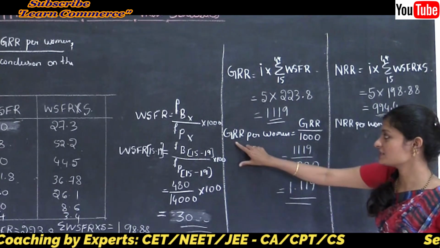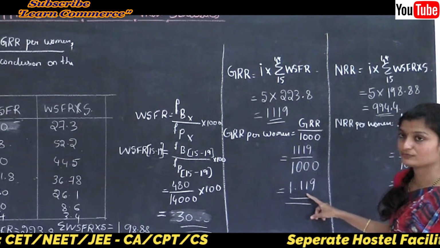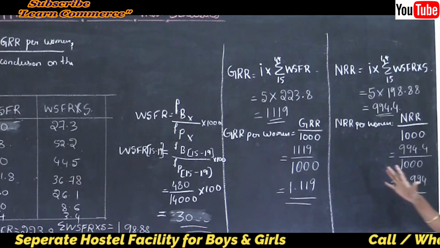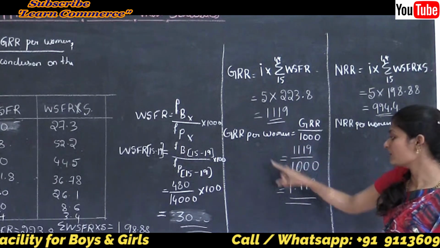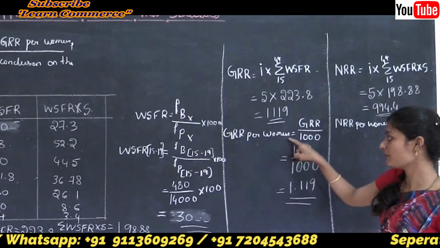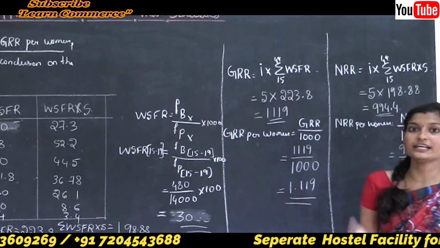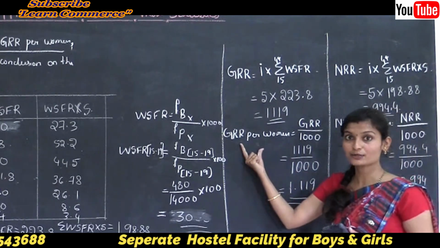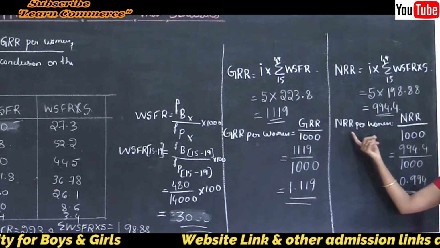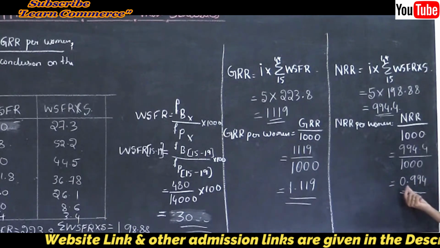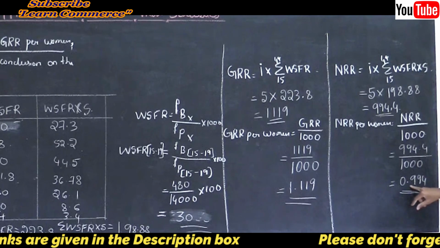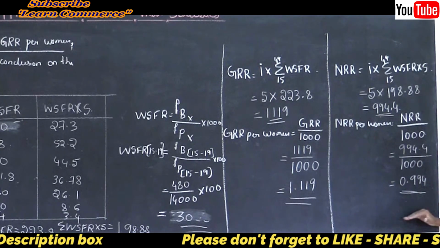Here the GRR per women value is 1.119 and NRR per women is 0.994. If I consider GRR only, GRR per women is greater than 1, so I will write the conclusion: population increasing. Likewise, if I consider only NRR, the value is 0.994, in the sense NRR per women is less than 1, so I will write population is decreasing.